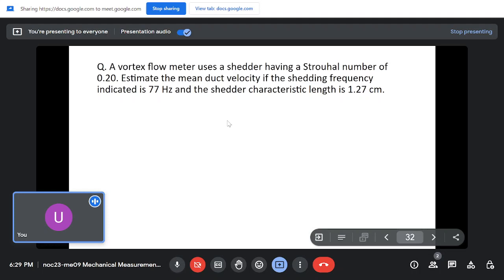So in the problem, we are using a vortex type flow meter, which has a shedder, and that shedder has a Strouhal number of 0.20. Due to the flow, the shedding frequency is 77 Hz, and the characteristic length is 1.27 centimeter. We are asked to calculate the mean duct velocity.